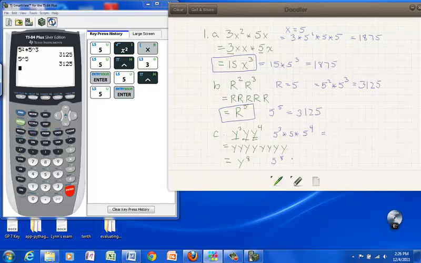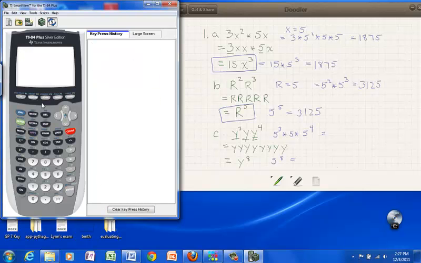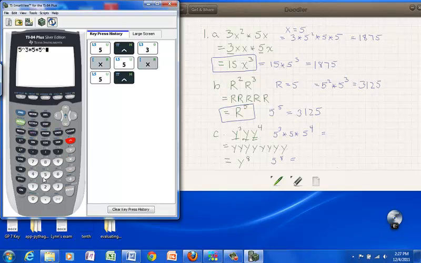And we'll see if those two answers match. So both answers are 390,625, and that answer also checks.